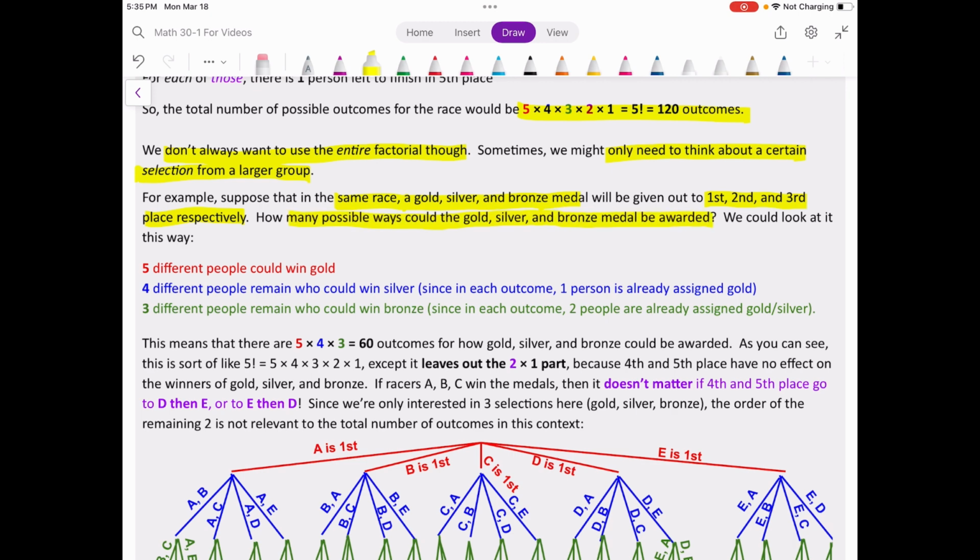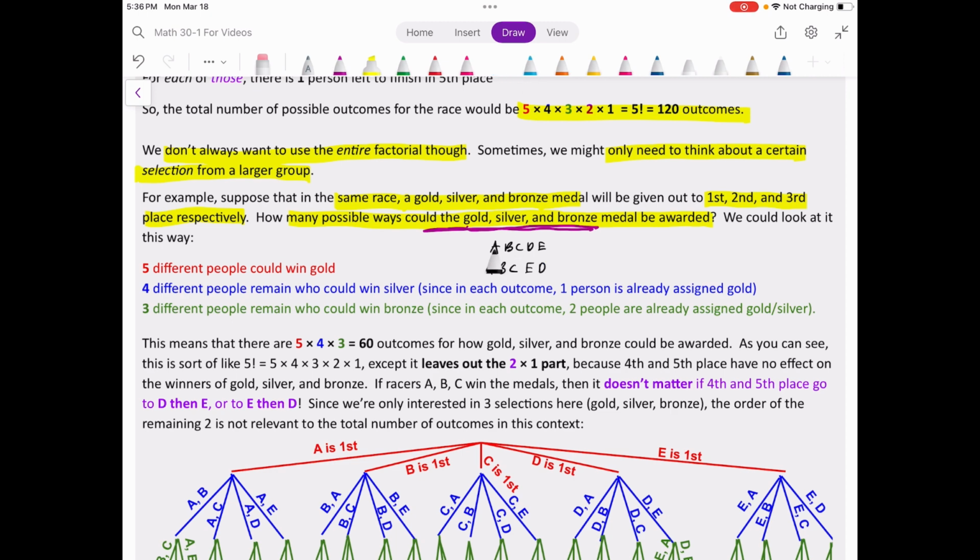So notice here, we now don't really care. Which 2 places don't we really care about? We don't really care about 4th and 5th, right? If we're just interested in how many different ways can gold, silver, and bronze be awarded, is this a different outcome in that context than this, right?